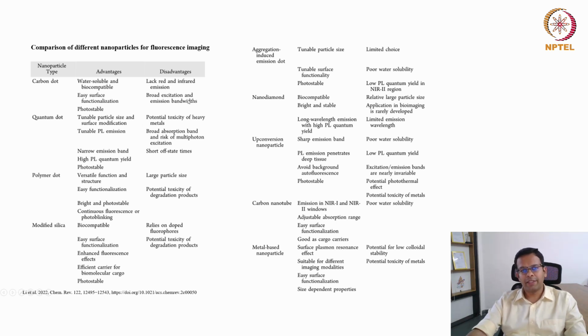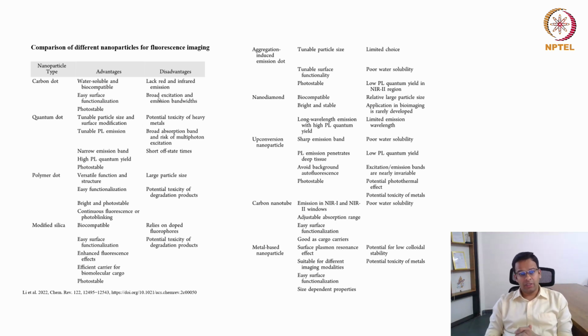They also have broad excitation and emission bandwidth. The excitation bandwidth is broad, so it can be excited by multiple wavelengths. That's why if you want to do 2 or 3 color labeling with carbon dots, it's not possible, because they have a broad excitation.